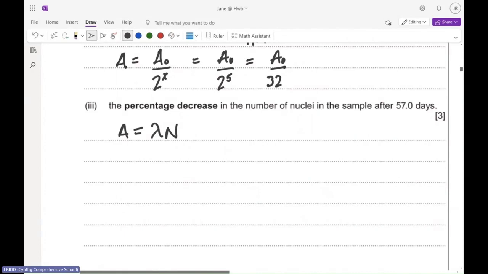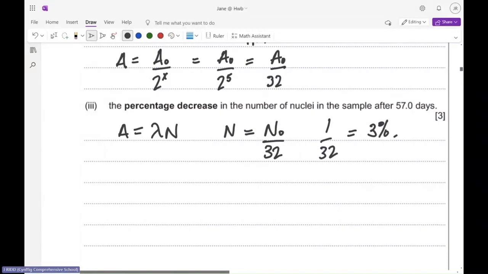That will also mean that the number of radioactive nuclei will have also gone down by a factor of 32. So we're able to say that N is going to be equal to our initial number divided by a factor of 32. Now, 1 over 32 is equal to about 3%.